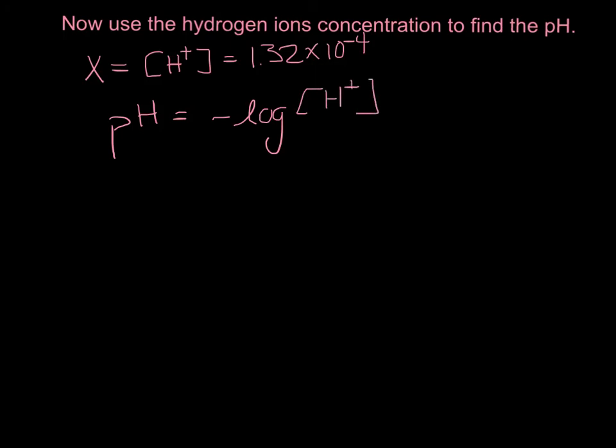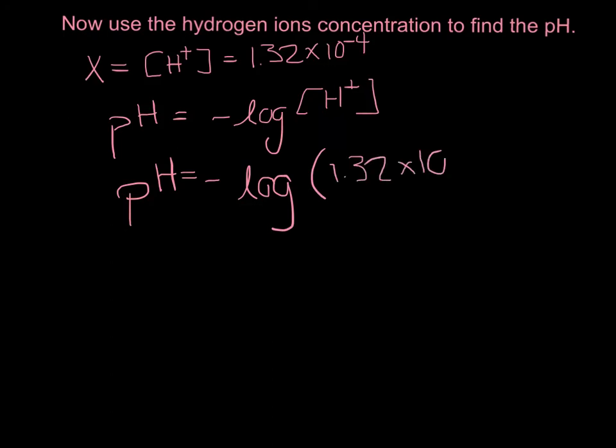So all I'm going to do at this point is solve for my pH by taking the negative log of 1.32 times 10 to the negative 4. And the pH is 3.88. And that solves this problem.